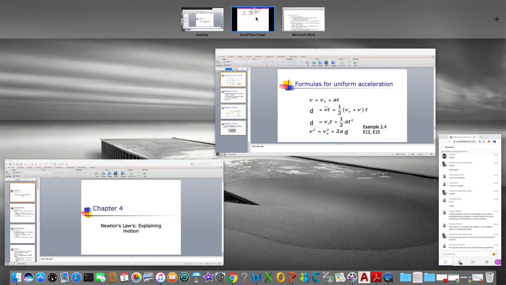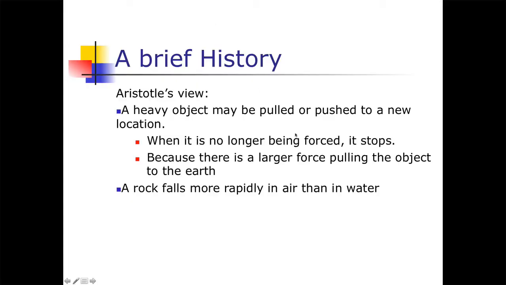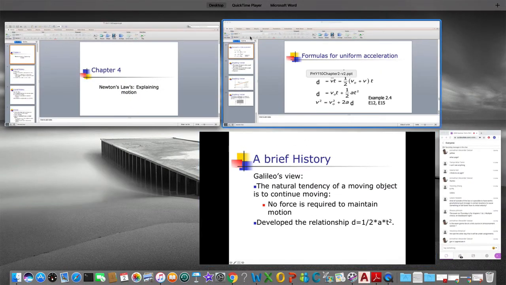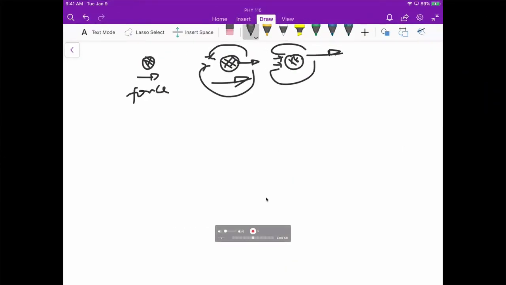But is that always true? Is that normally the case? Probably not. Then there was Galileo's theory, and what he said is that the natural tendency of an object is to continue moving. Unlike Aristotle, he tried to have a better understanding.